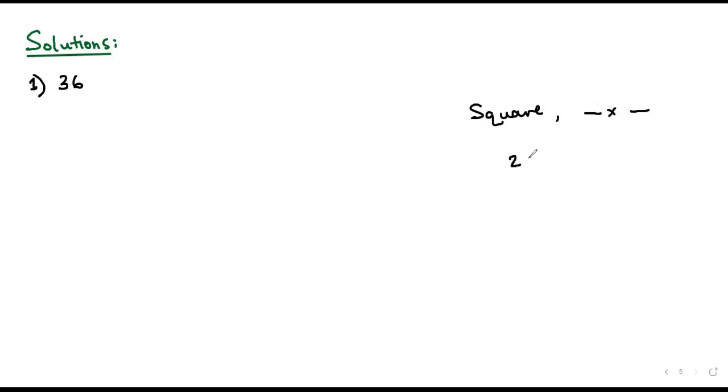Like if I get 2 times 2, it means that I have squared 2. So that's why I call it square. So the square root of 36 is the number that we can square to get 36.